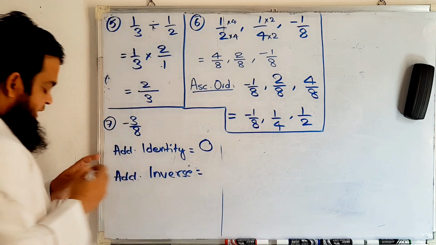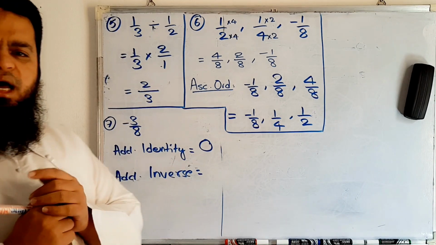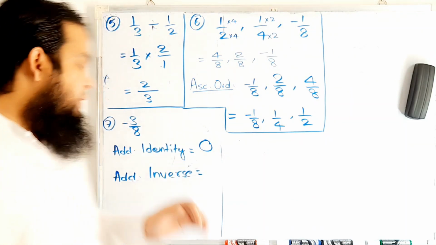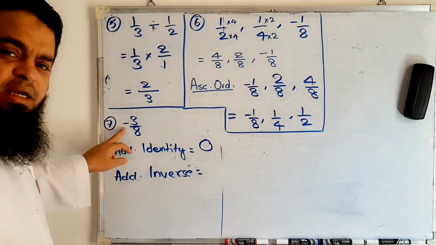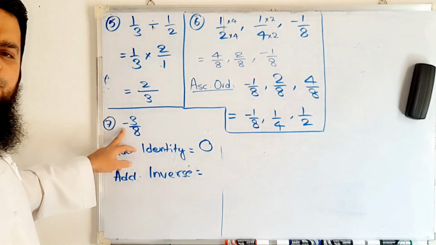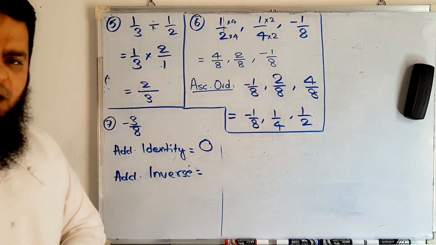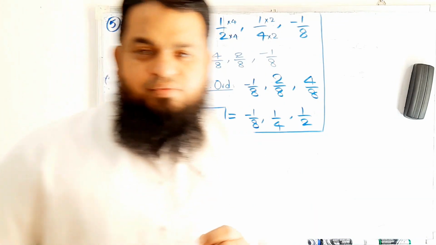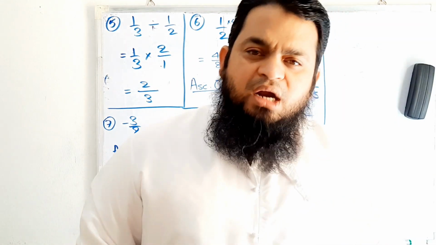Now additive inverse. It is nothing but when we add two numbers, you get the result 0. What number should be added to minus 3 by 8 in order to get 0? We have studied previously, when we add the negative of a number, you get 0.